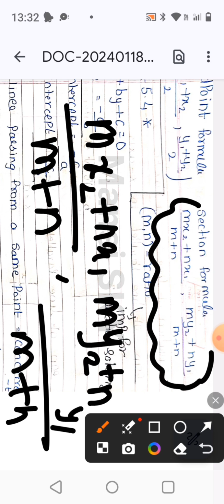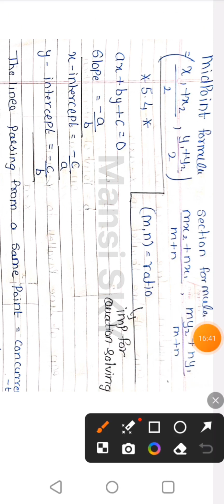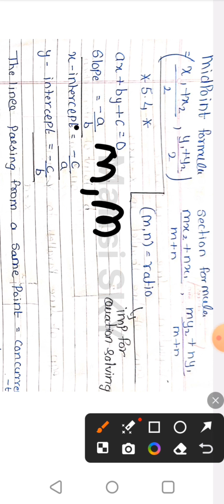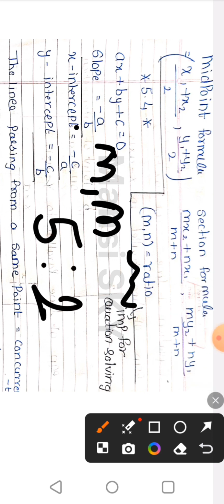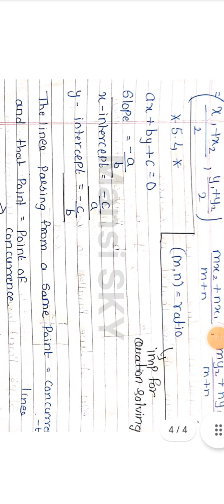But what are m and n? M and n are nothing but the ratio. If we have 5:2, then m is equal to 5 and n is equal to 2. In this way we can find m and n. Then we have some more formulas for 5.4.